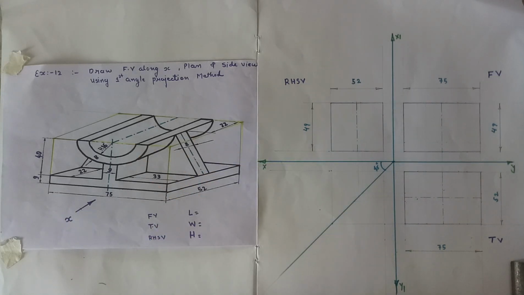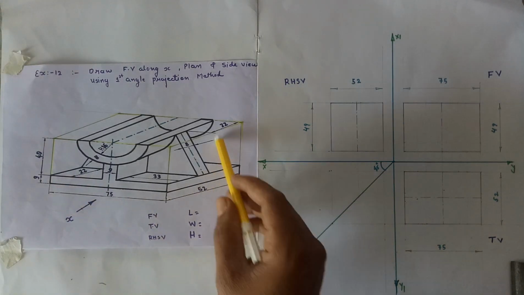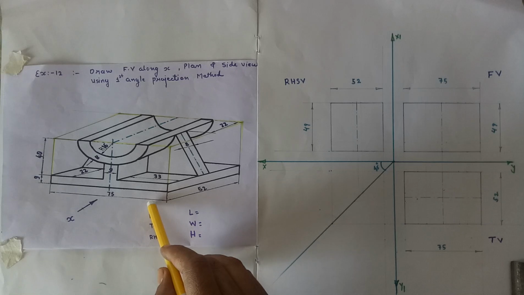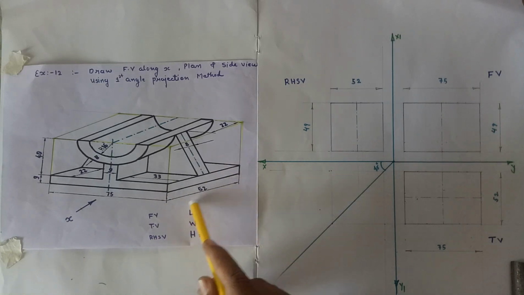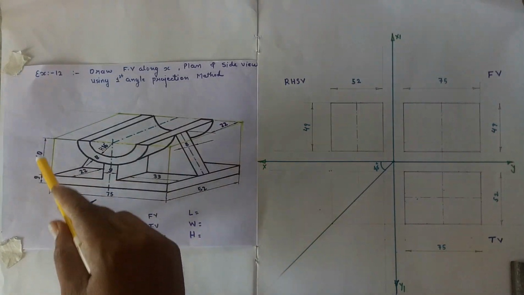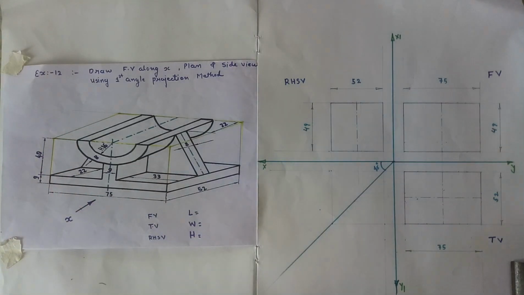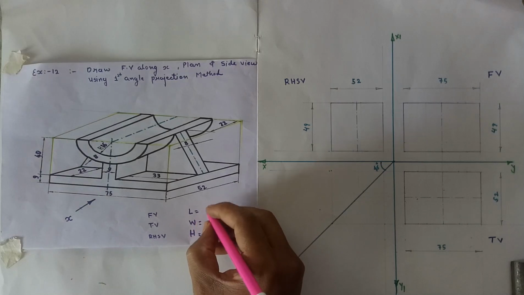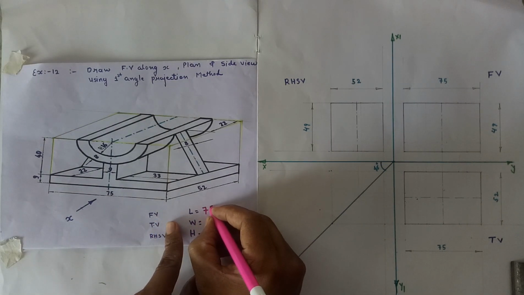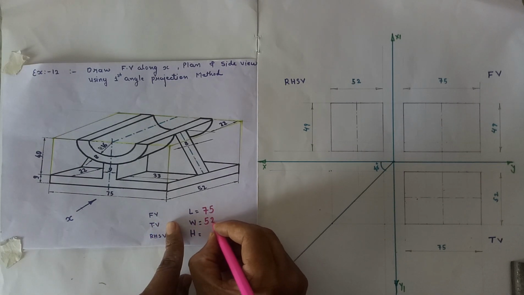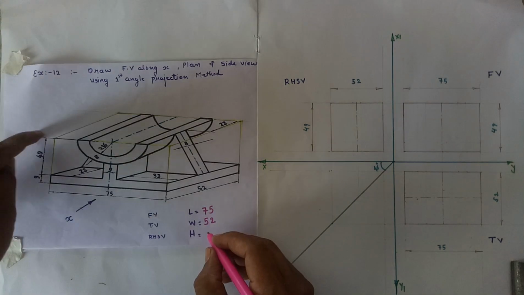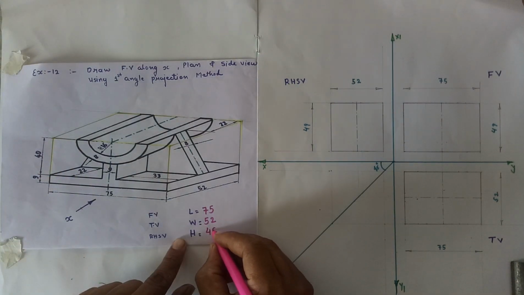It will be the length, width and height of the object also. So the length of the cuboid is 75 mm, width is 52 mm, and height is 40 plus 9, it is 49 mm.